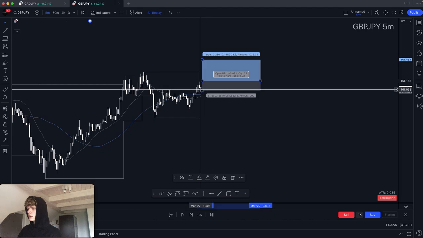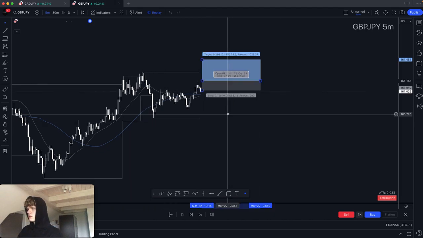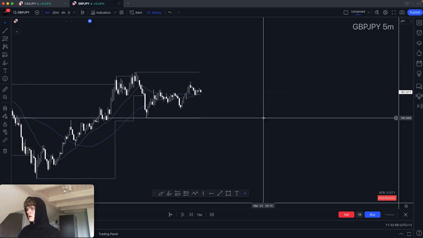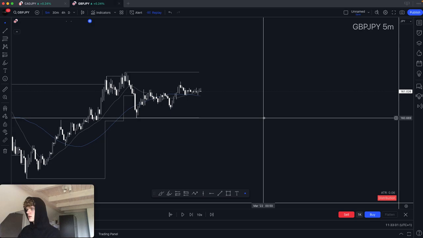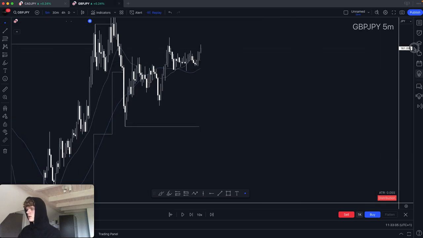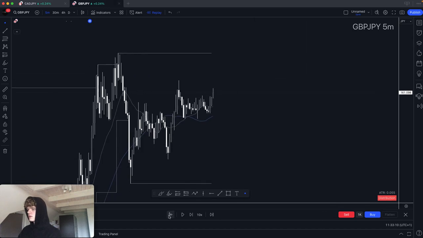Let's say we protect here, below these lows there, for our protection. If this goes down, then we don't do anything. If this comes up again, oh, I probably missed the trade there. Yeah. So this is a trade.